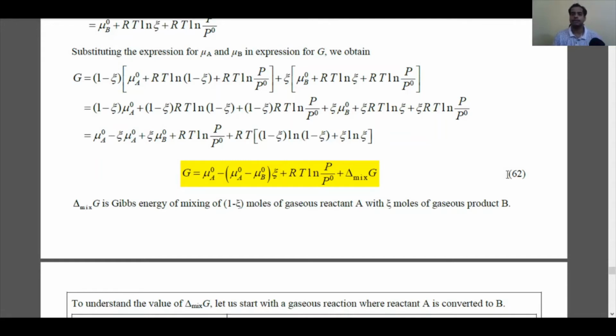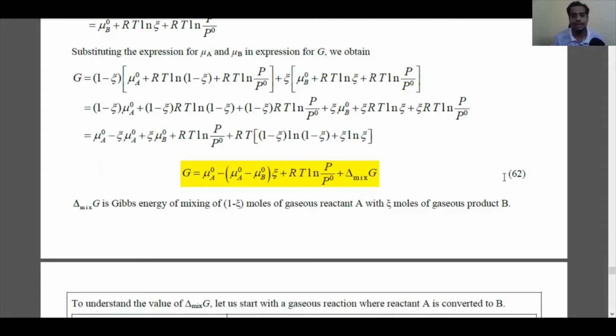So my equation 62 is important. Equation 62 contains 4 terms and it gives an expression for Gibbs energy. The first term is mu A0, the second term is (mu B0 minus mu A0) into xi. The third term is RT ln p by p0. What is P? The total pressure. And the fourth is the Gibbs energy of mixing term. So my total Gibbs energy consists of 4 parameters.